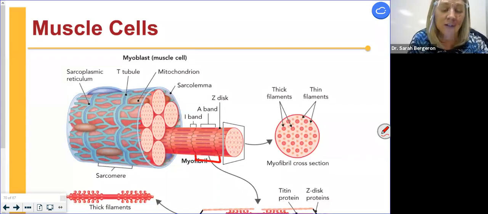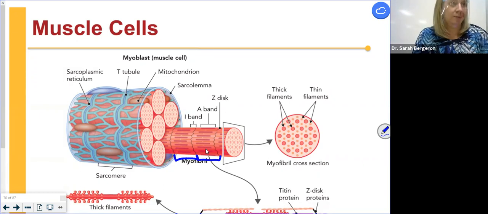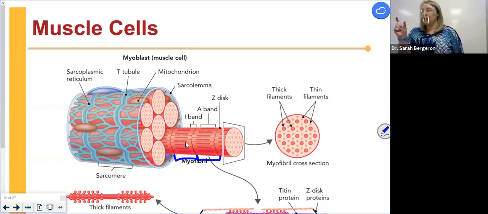So this, let me do a different color than red. This is one sarcomere. This is one sarcomere. It's just sarcomere after sarcomere after sarcomere. So think about that.